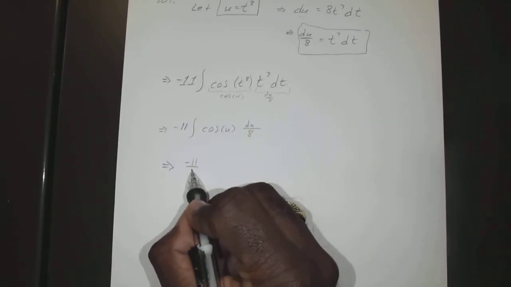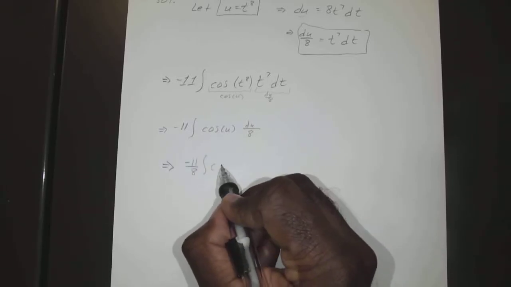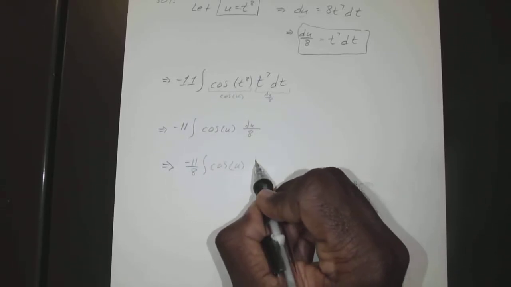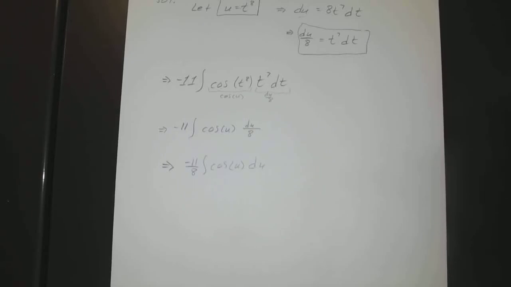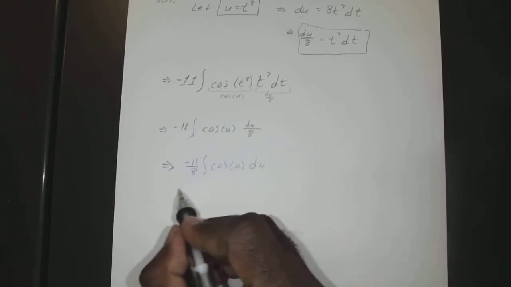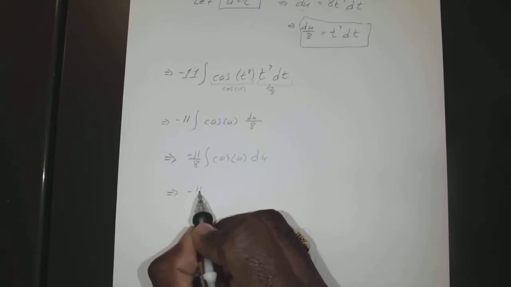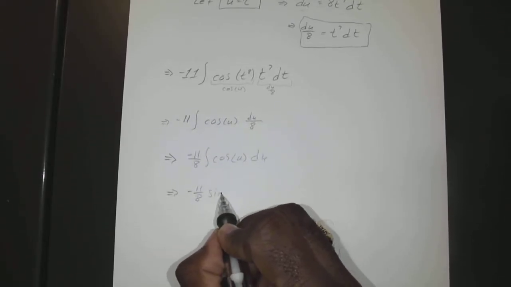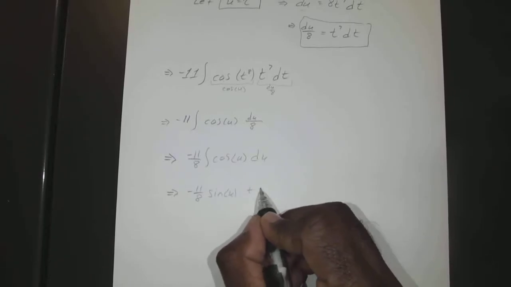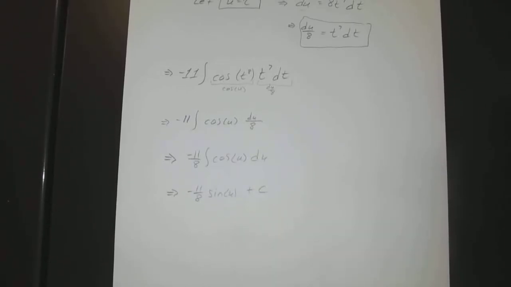So we have negative 11 over 8 times the integral of cosine of u du, which gives us negative 11 over 8 sine of u plus c. So the only thing left is just to replace our u.